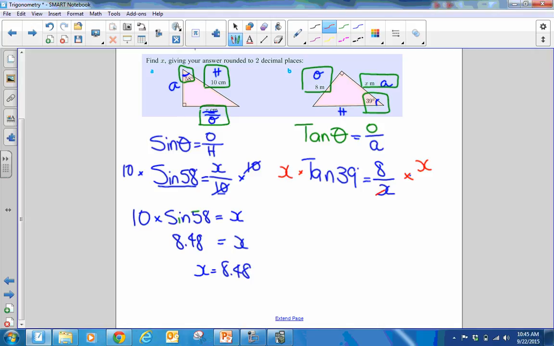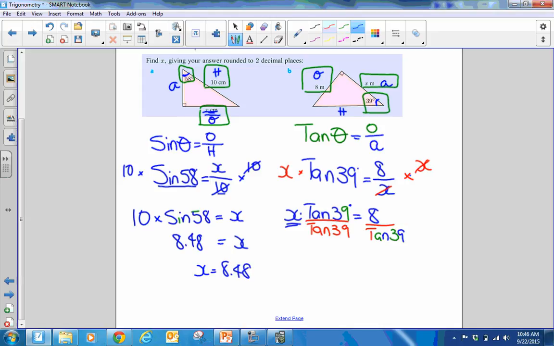If I do that, those x's cancel, but I end up with x times tangent of 39 equals 8. But I need to leave x by itself, so I need to divide by tangent on both sides, to get rid of this tangent. It's the same as you have been doing.